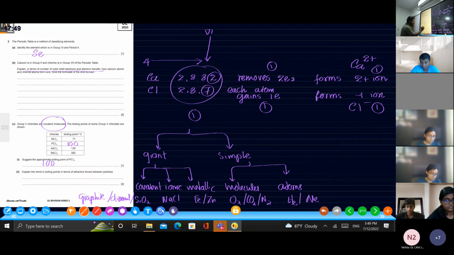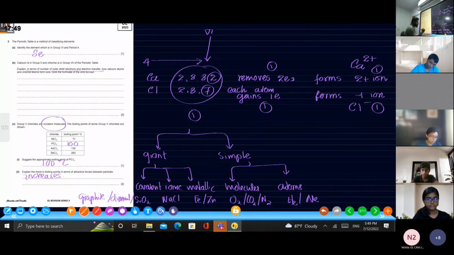Approximate, and explain the trend of boiling point in terms of attractive forces. No need to tell much. You can't do this in detail, because that would be an A-level question. The only thing you have to say is to explain the trend. First of all, you say it increases down the group.